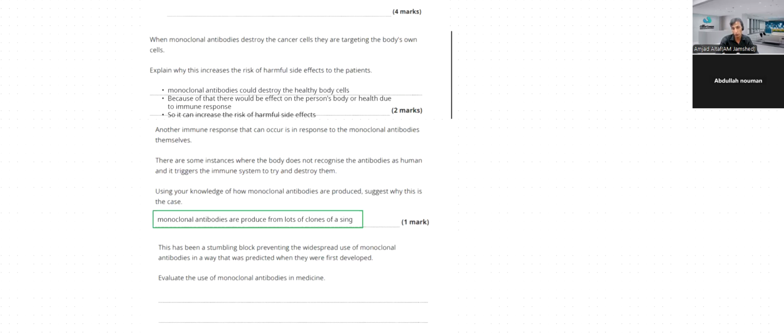We have discussed one of the questions yesterday: fusing B lymphocytes with a myeloma cell to form a hybridoma, which is cloned to make identical antibodies. Oh my God, I forgot this. So we can write: fuse a mouse B lymphocyte with a myeloma cell to form a hybridoma, tumor cells.